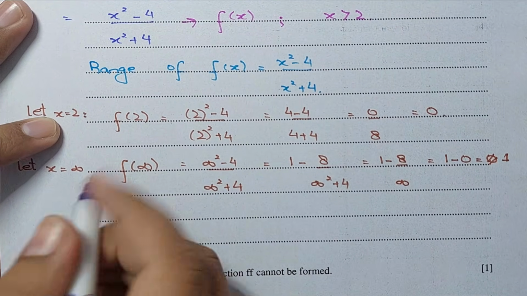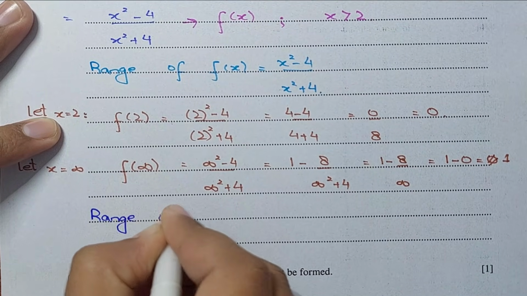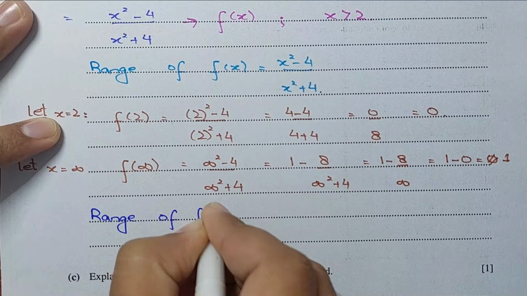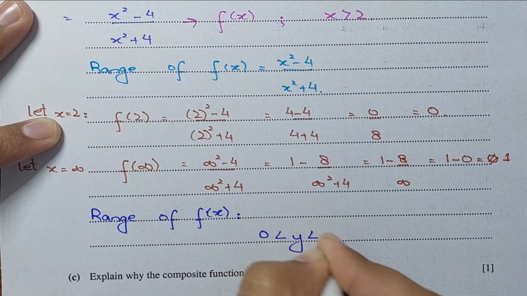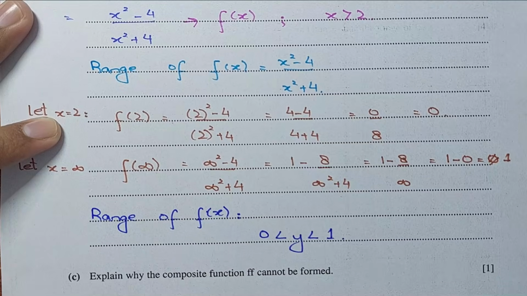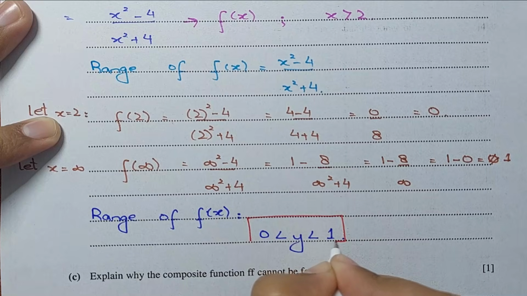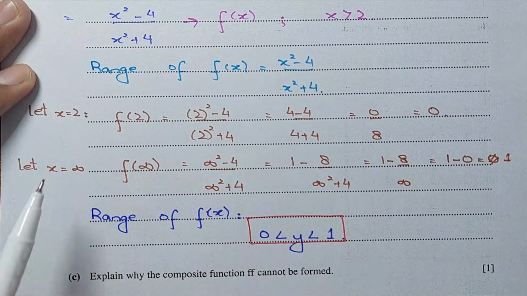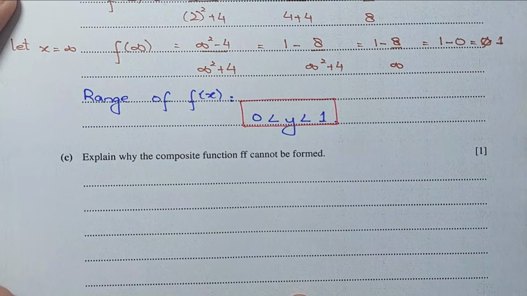So here we can easily state the range of f of x is 0 is less than y is less than 1. The values are between 0 and 1. So why I use the variable y for the range? Range are basically the outputs. These are the inputs. I gave some inputs and I got some outputs, so we can easily guess the range, right?